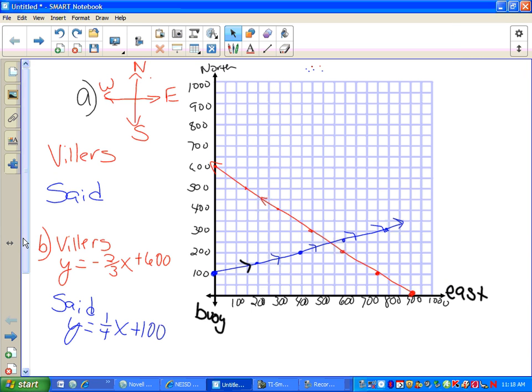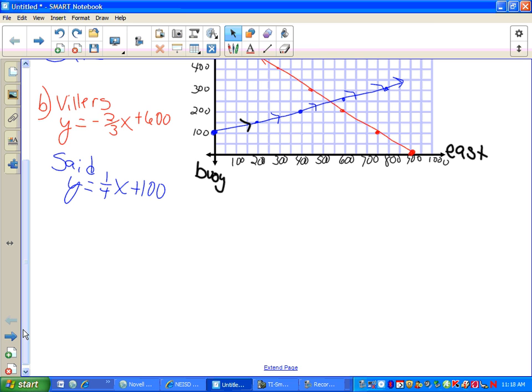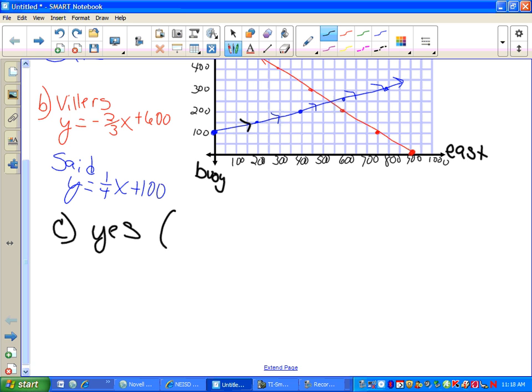How are we going to record that? Let's put part C. We'll say, did the 2 sailboats pass through the same location? Yes. And so let's get the ordered pair first. Let's just do it like this. 545.455, and that's east of the buoy.